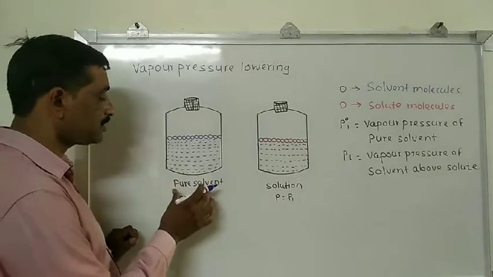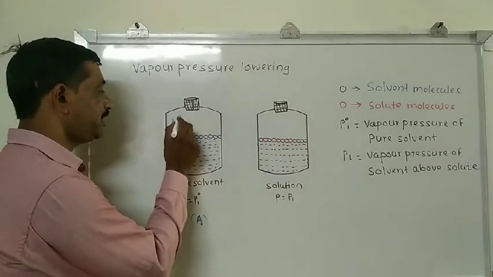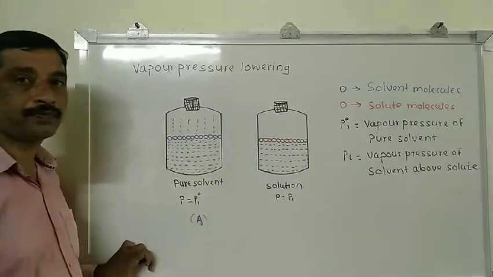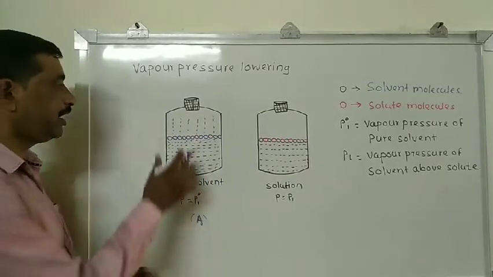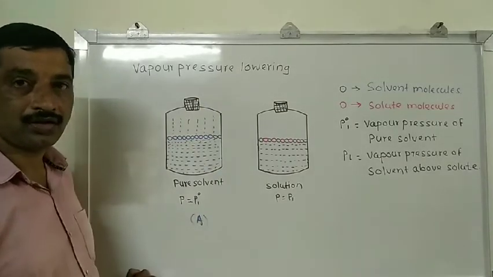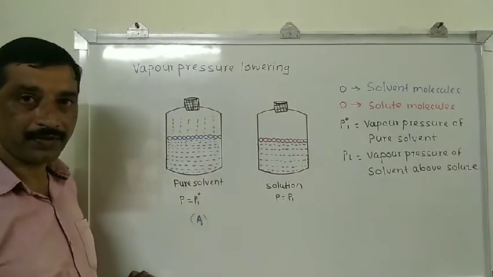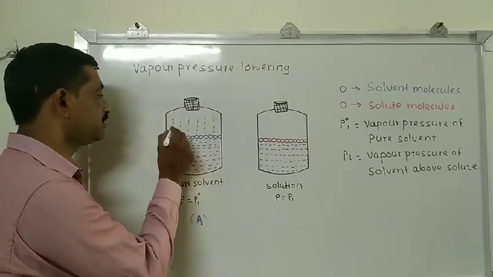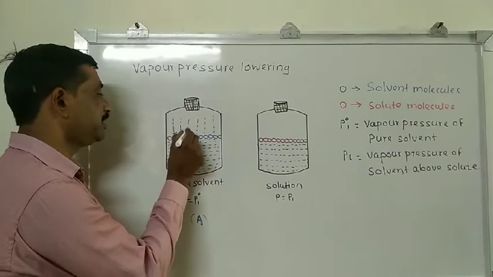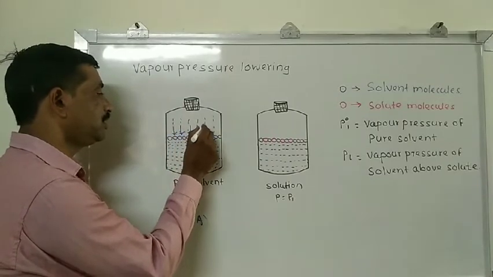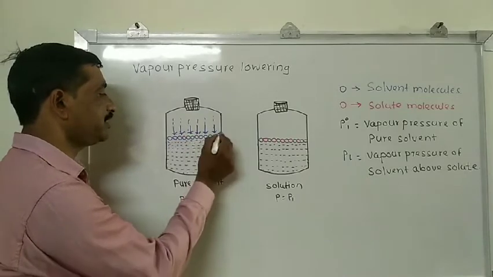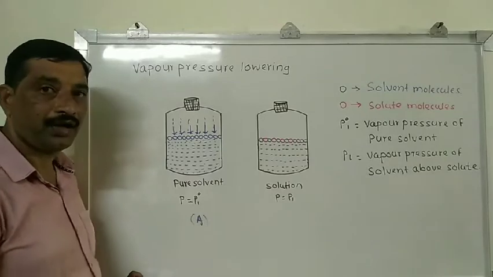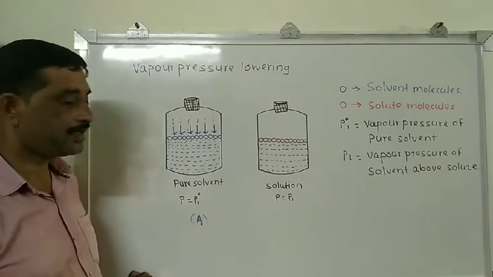The vapors of this solvent get collected in the empty space of the container, and after saturation of this empty space by the vapors of the solvent, these vapors exert pressure in the downward direction on the particles present on the upper layer of the solvent.